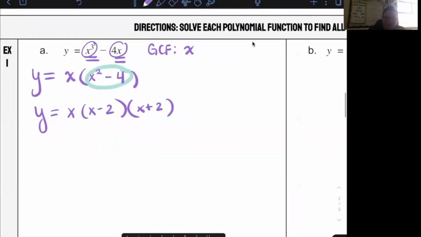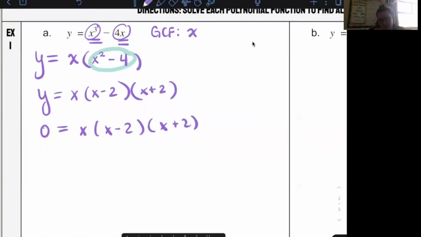All right, so now remember when we solve by factoring, the first thing we do is we factor everything. Then, oh, I forgot the most important step. We plug in 0 for y. Should have done that at the beginning. Then we take each factor and set them equal to 0. So we're going to set x equal to 0, x minus 2 equal to 0, and x plus 2 equal to 0.